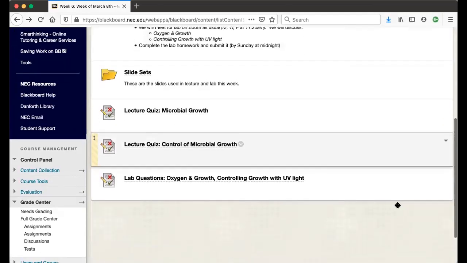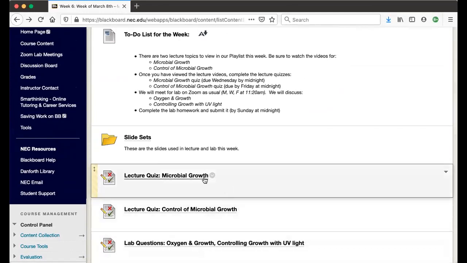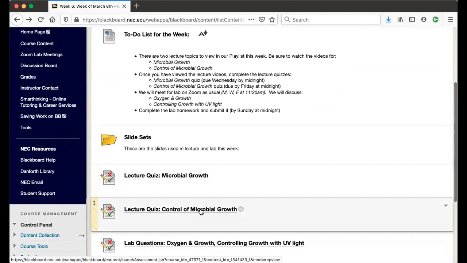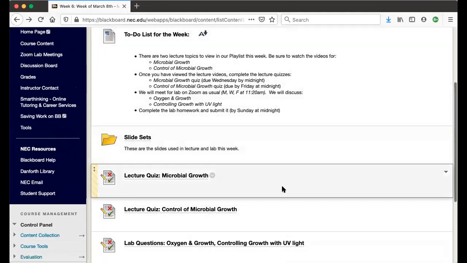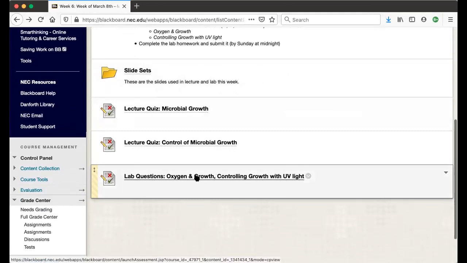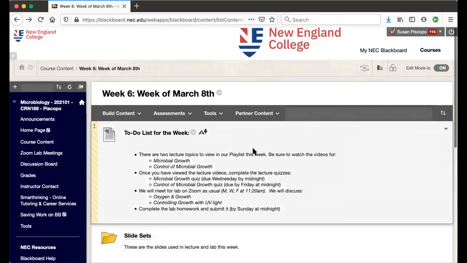You can see there's a bunch of different things in it, including lecture quizzes for growth and controlling growth, which are our 2 lecture topics for the week. And then again, there are lab questions as usual that you'll be able to complete once we're finished with our lab this week on Friday.